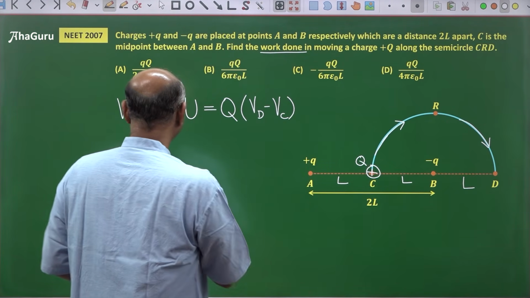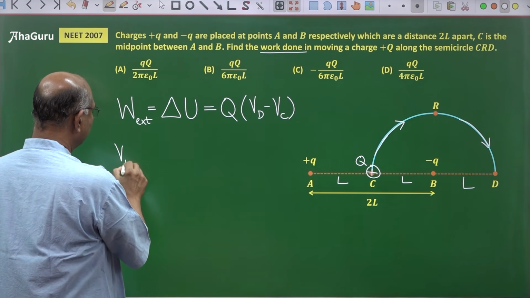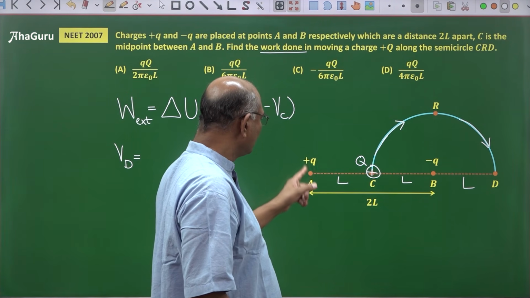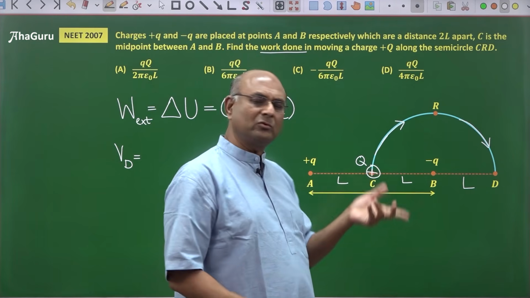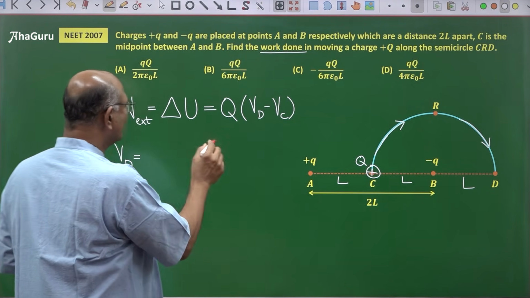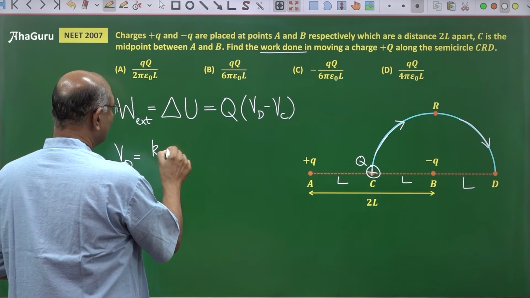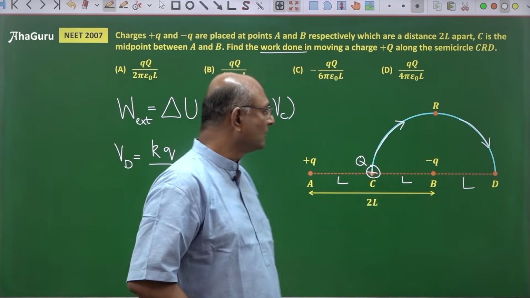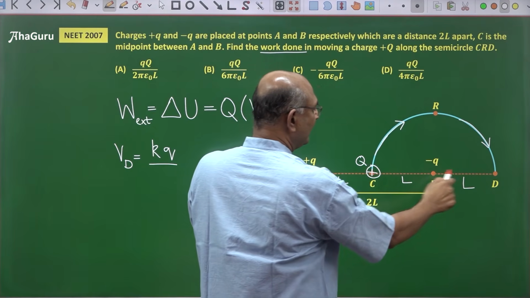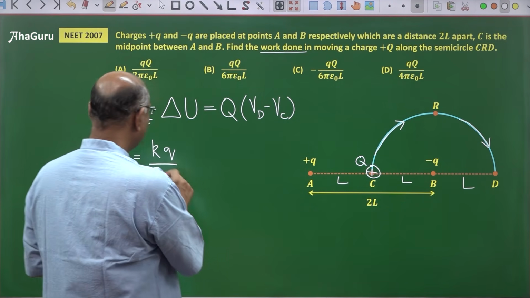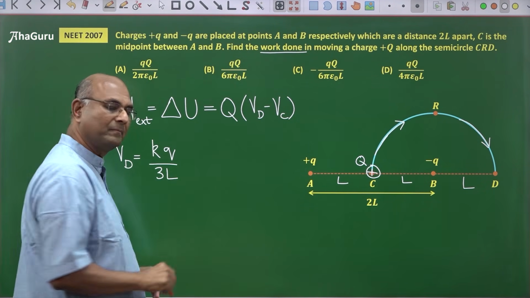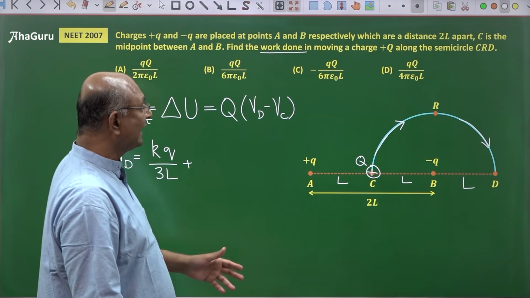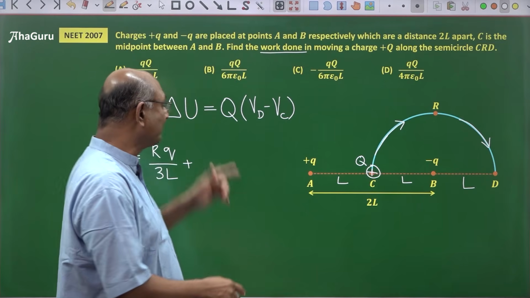So potential at D, how will I calculate that? V at D, that is easy. You can say V at D due to plus q and due to minus q. What will it be due to plus q? Kq divided by this distance. What is this distance? 3L. So divided by 3L, plus, always write a plus. I know it is a minus charge, but we can put the minus inside.